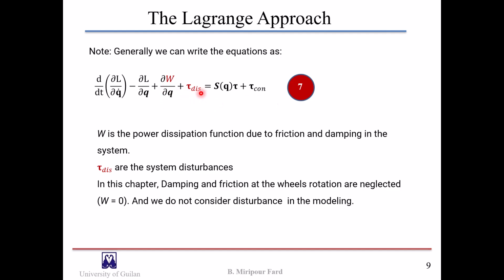In this equation, W is the power dissipation function due to the friction and damping, and tau d is the system disturbances. In this chapter, damping and friction at the wheels' rotation are neglected, so W is 0, and we do not consider disturbance in the modeling.